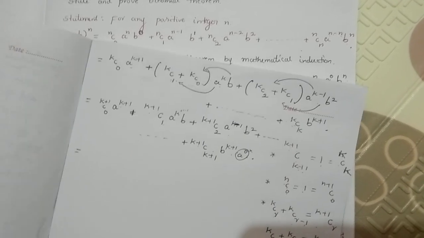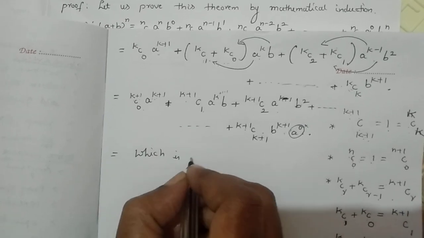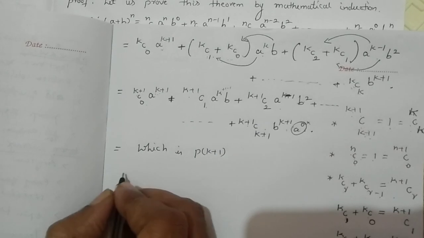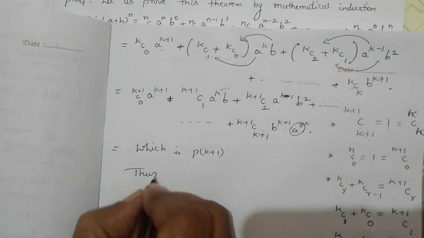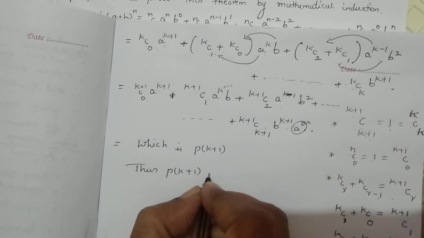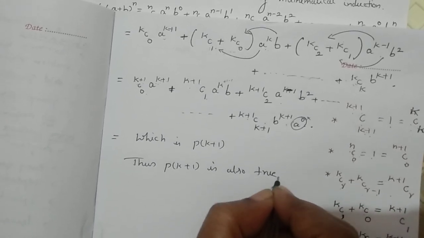So we reached the final step, which is P of k plus 1. Thus P of k plus 1 is also true.